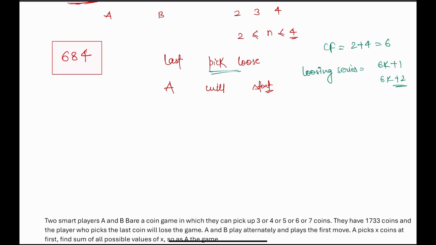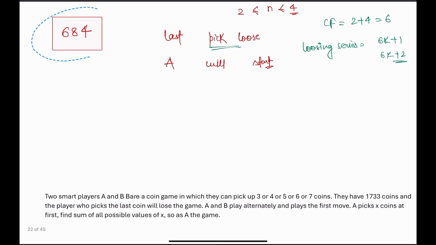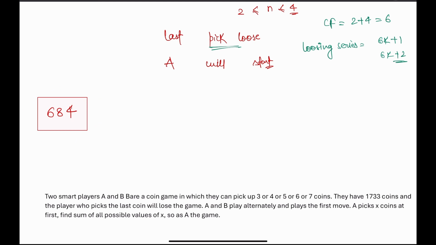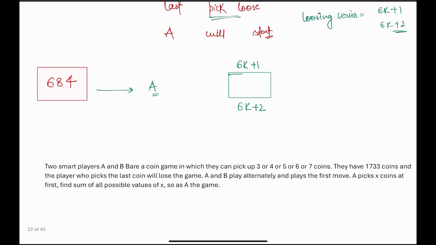Okay, so again the same thing, 684 coins are there. Some coins will be taken by A and it will bring B onto the losing series, that is nothing but 6k plus 1 or 6k plus 2. So what is the nearest value to this?